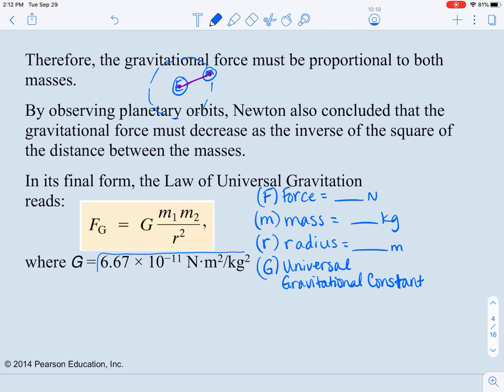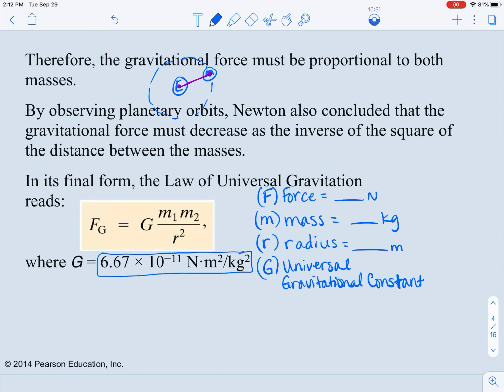And here is what that value is. 6.67 times 10 to the negative 11 is the value that you will use in any calculation where you are determining a force in newtons, a mass in kilograms, a radius in meters, okay? And you can see that we've provided the units here. It's a Newton meter squared divided by kilogram squared. Basically, if we were to do some simplification with our units, we would see that these units would cancel out and we would be left with newtons, okay?